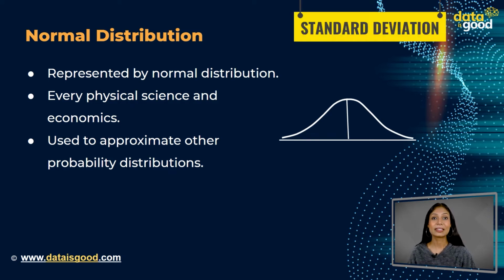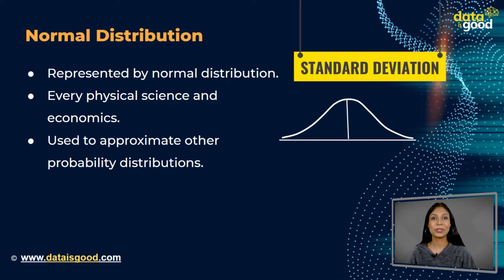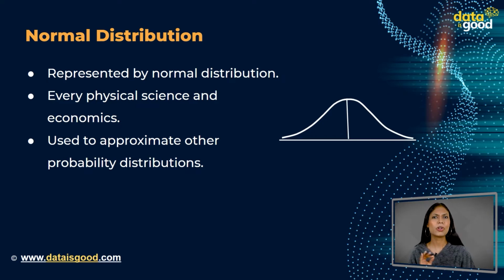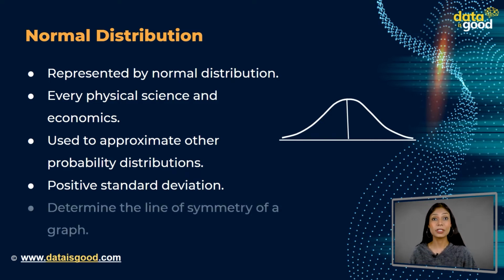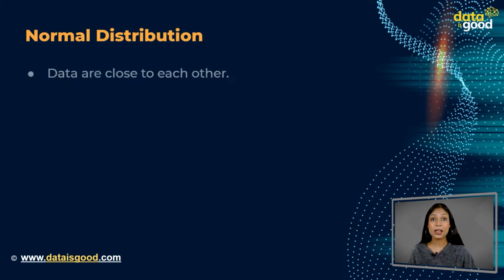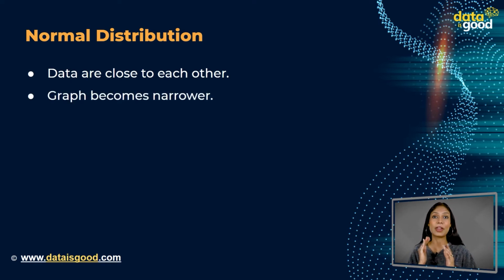Now we will look at the standard deviation of the normal curve. Generally, the normal distribution has a positive standard deviation. We know that the mean helps to determine the line of symmetry of a graph, whereas the standard deviation helps to know how far the data is spread out. If the standard deviation is smaller, the data is somewhat close to each other and the graph becomes narrower.